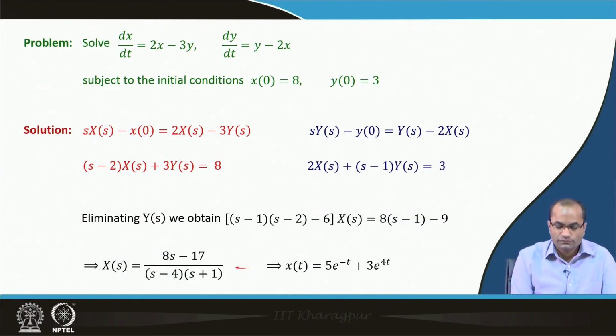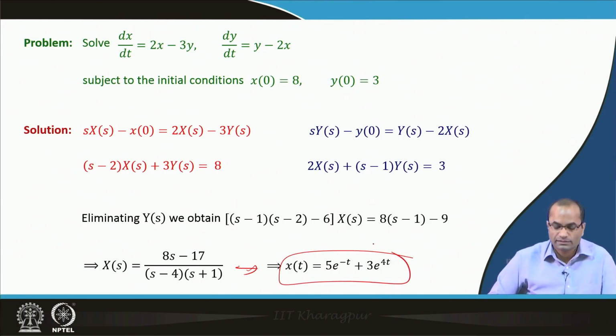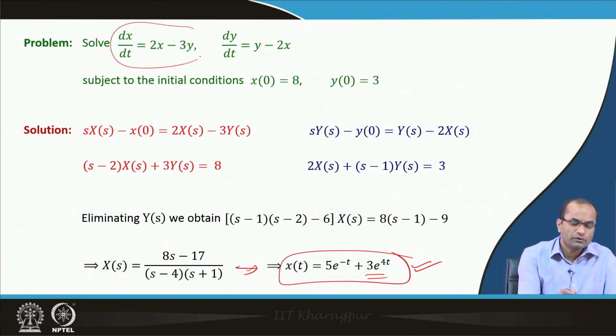So, taking the inverse from here, we will get the variable x t in terms of t. So, 5 e power minus t, 3 e power 4 t. So, having this x t there, either we can get y from one of the equations.